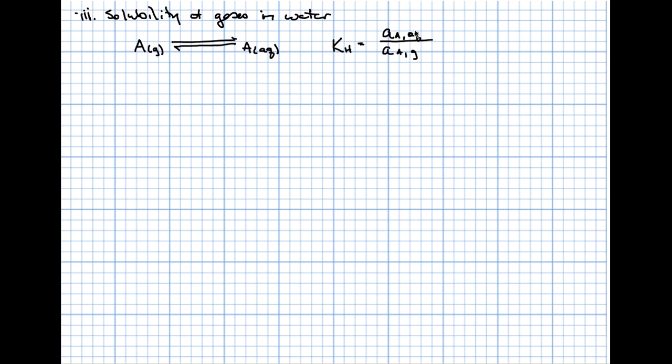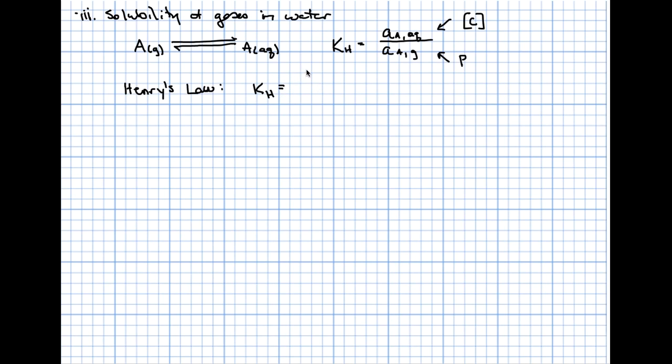And so again, we can represent the aqueous activity as the concentration and the gas phase concentration as the partial pressure. So the equilibrium relationship is known as Henry's law and is often represented in this way.